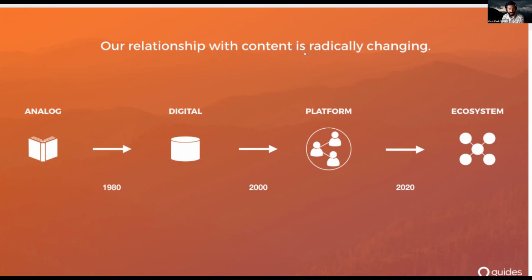We started out as an analog world, we moved to digital. Right now we're seeing a lot of the rise of platforms, but now new technology and frankly new cultural norms are starting to birth an ecosystem mindset. And largely that's going to shape and change how science is done potentially around the world.